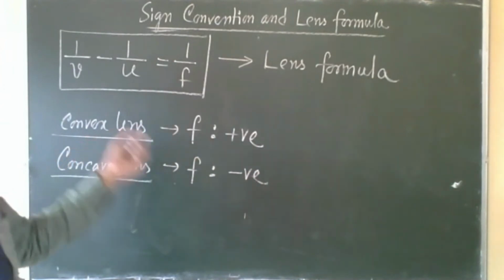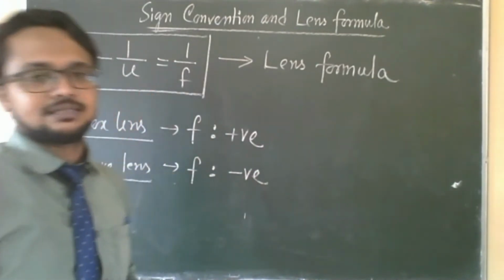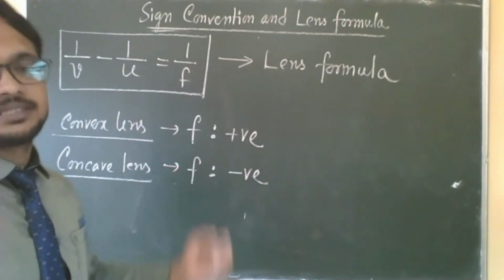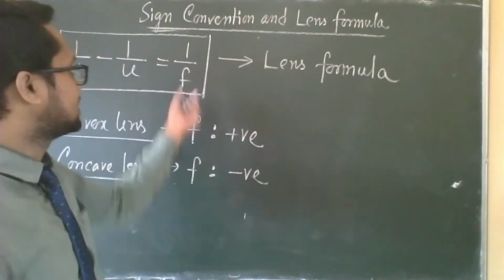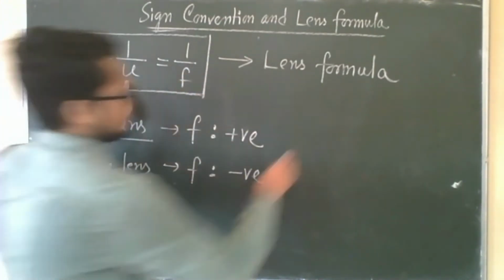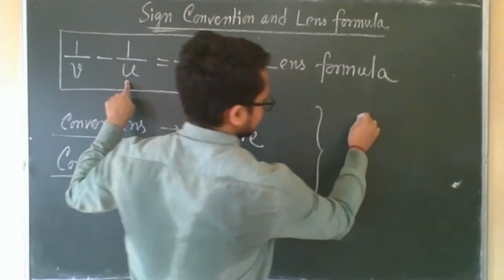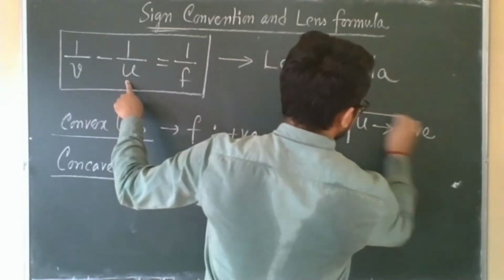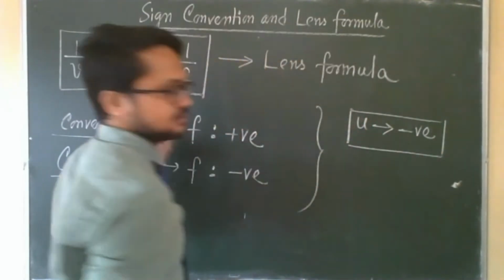So if value of focal length of convex lens is given 10, you will put here plus 10. For concave lens, suppose it is given 15, then you will put here minus 15, not only 15. And U, object distance, you will put always with negative sign.